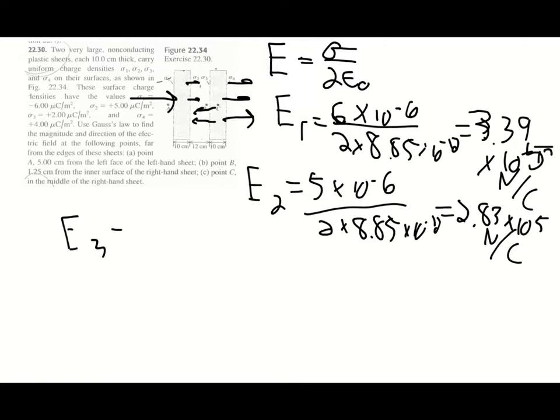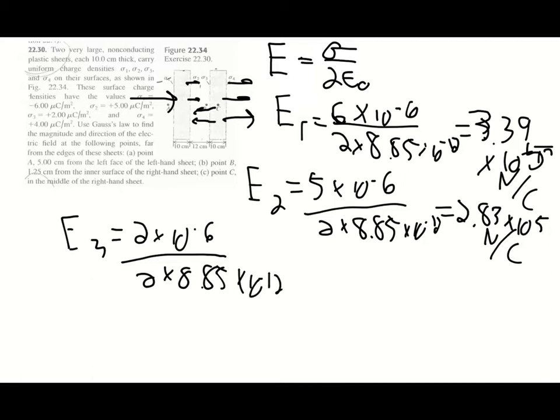E3 we can figure out. That one, we're going to use the 2 microcoulombs, so it's 2 times 10 to the negative 6 divided by 2 times epsilon naught, and we end up with 1.13 times 10 to the fifth newtons per coulomb.